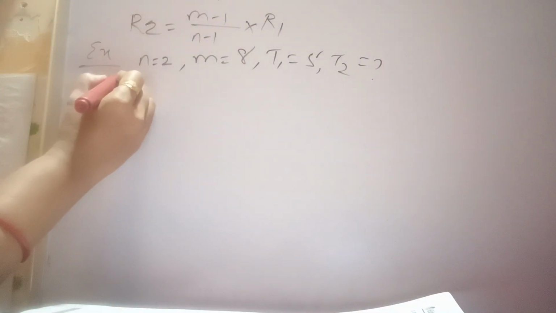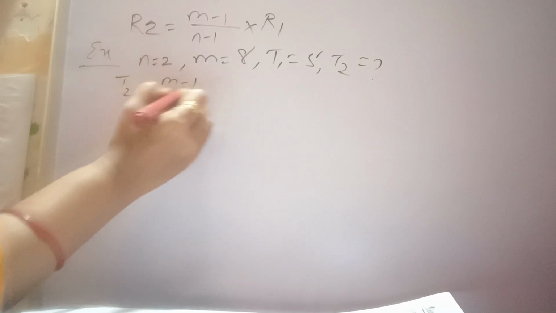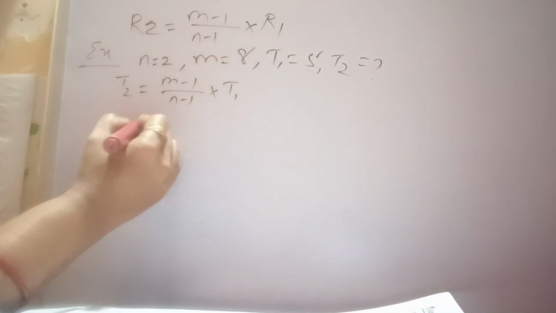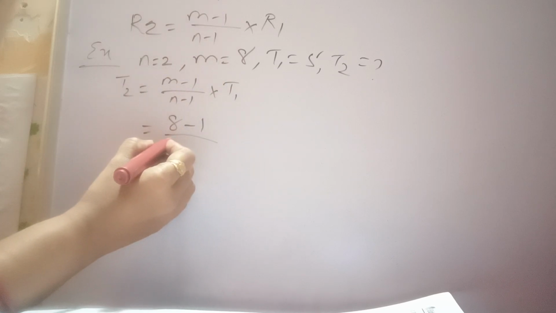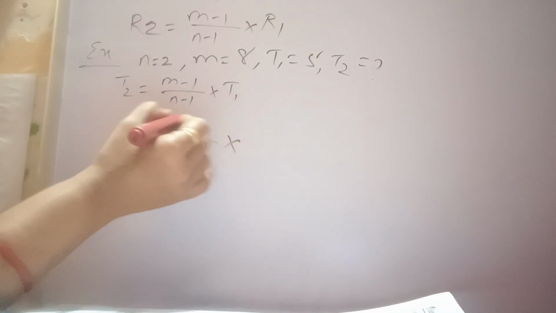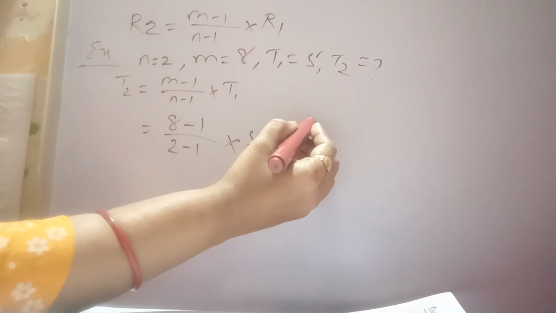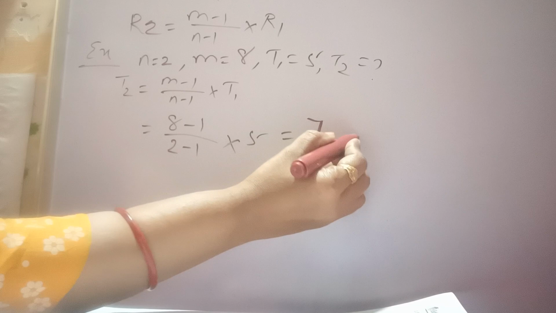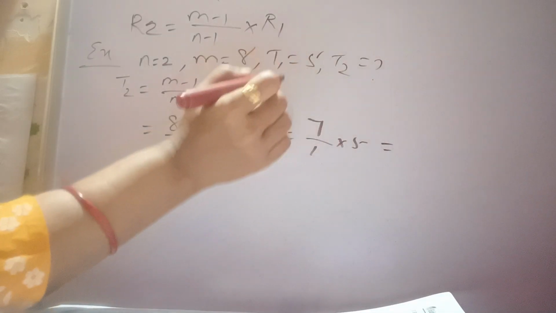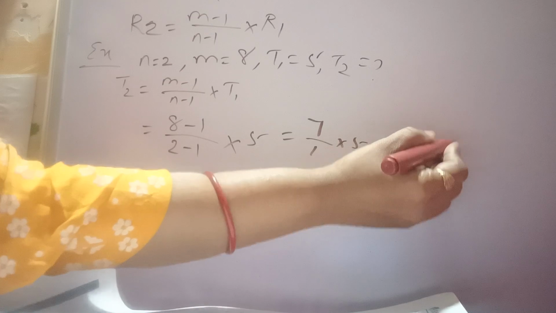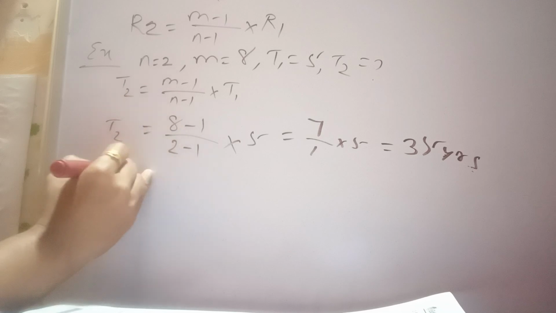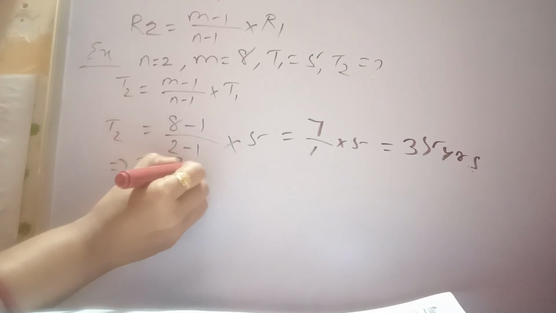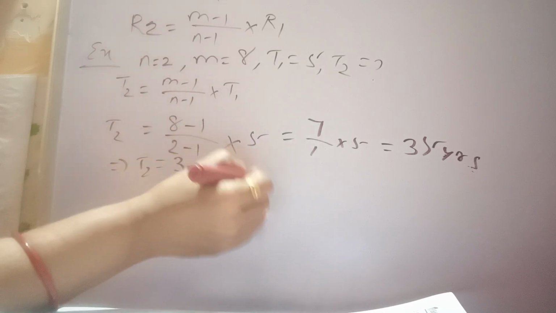According to our rule, t2 equals (m minus 1) divided by (n minus 1) into t1. Here m is 8 minus 1, divided by n which is 2 minus 1, into t1 which is 5. So it equals 7 divided by 1 into 5. That means 7 fives are 35 years. So t2 is 35 years. This is the answer.